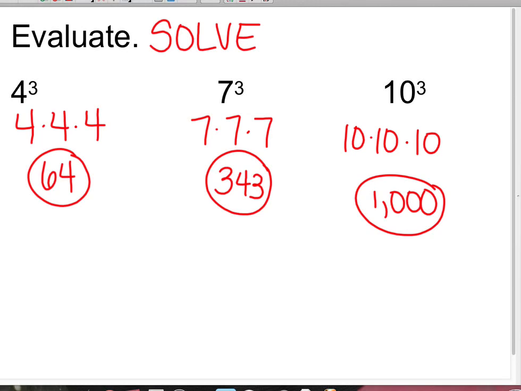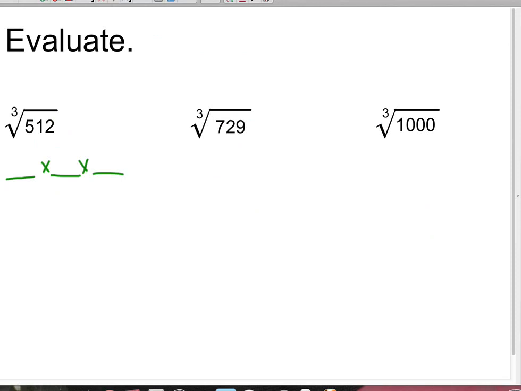We had 343, right? And now I'm looking for some number to the third power that will give me 512. So I know it's got to be greater than 7. So try 8. What is 8 times 8 times 8, or 8 to the third power? Guess what? It's 512. So the answer there is 8.